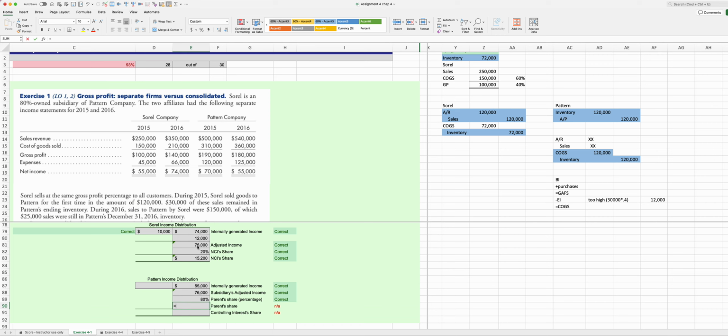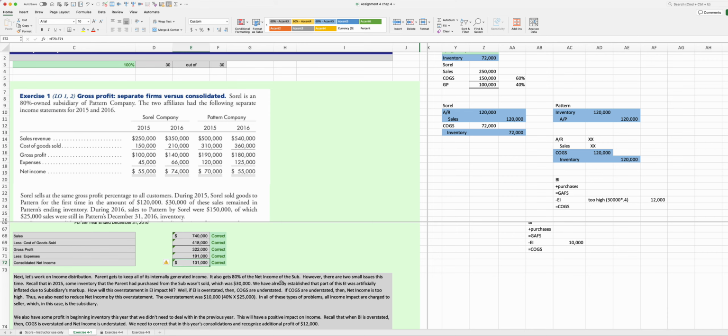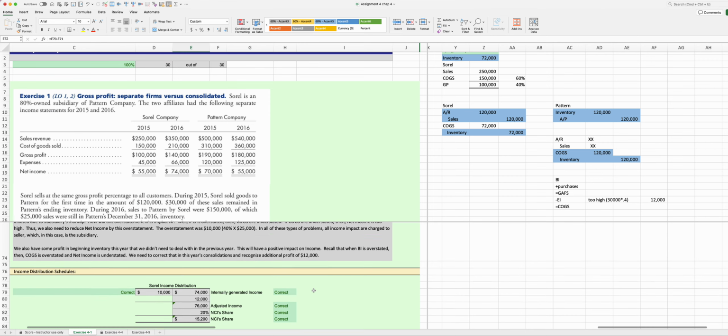Out of the 76,000 adjusted income by the subsidiary, 80% of it is owned by us. And so when I add that portion to my internally generated income as a parent, I'll arrive at the controlling share. I can add up these two amounts. Again, it says 131,000 down here. It's just a little bit outside my screen, so please take my word for it. It says 131,000, and of course that matches this amount, which was the consolidated net income.